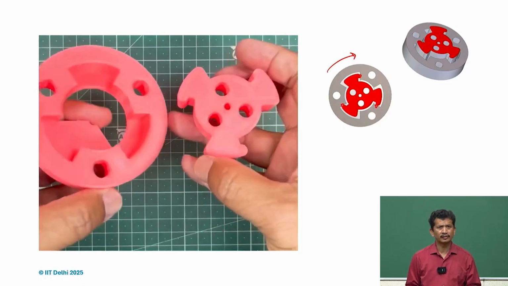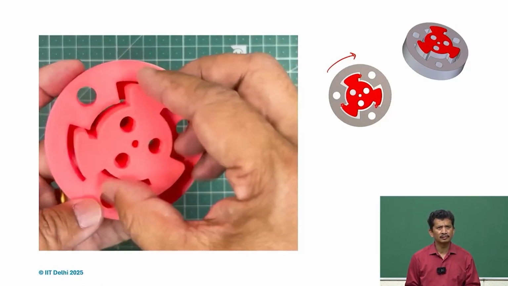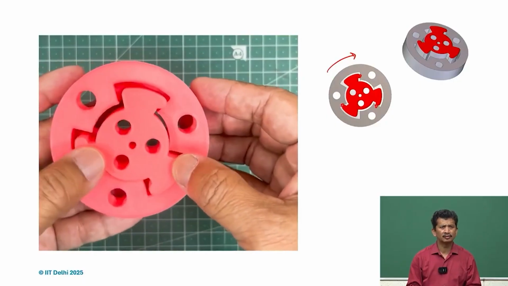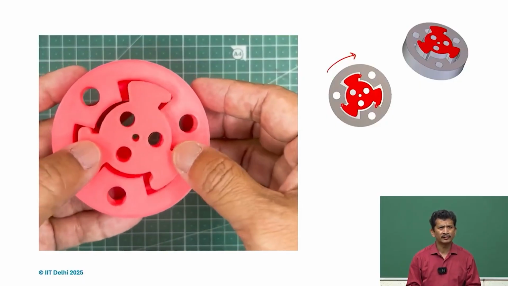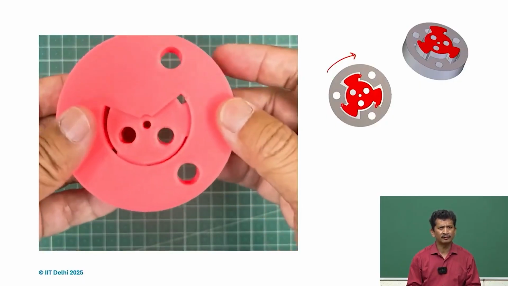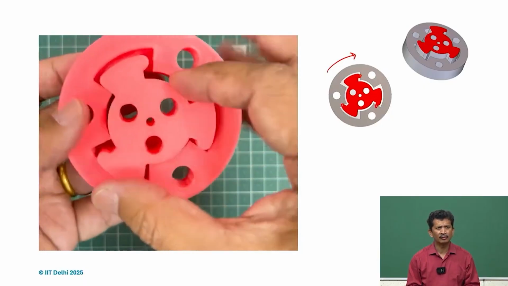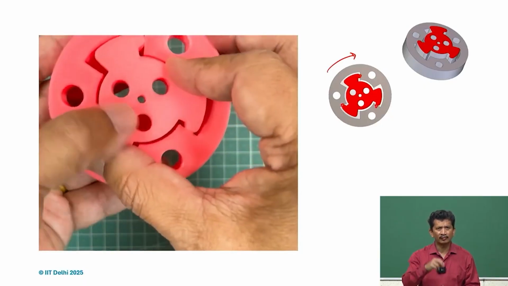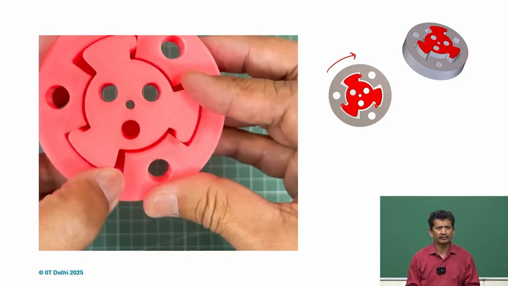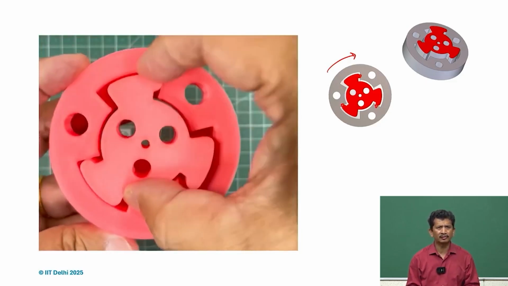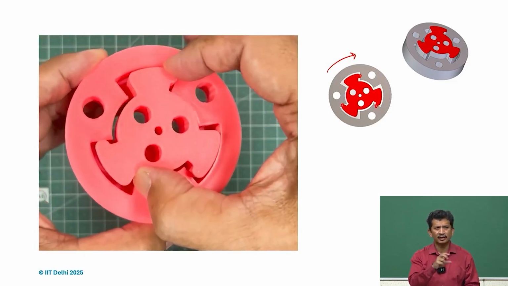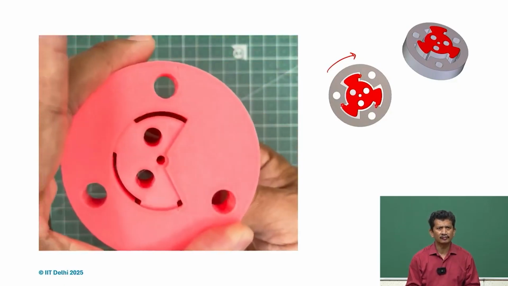So, now the center part is placed onto the base, and then you realize that there is a lot of gap, and the center is moving all over. But the moment you apply that clockwise moment and establish the 3 contacts, you see that it's going to the center.